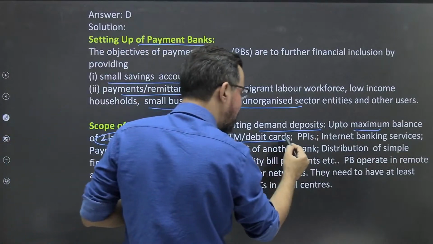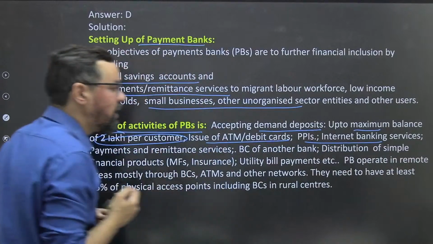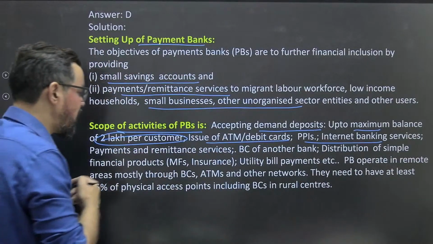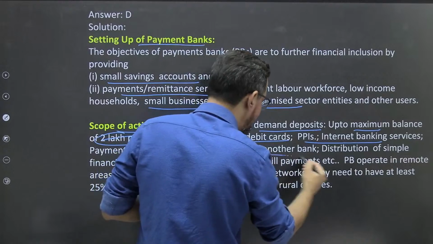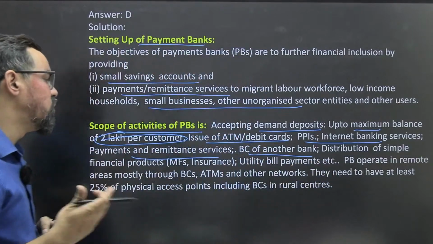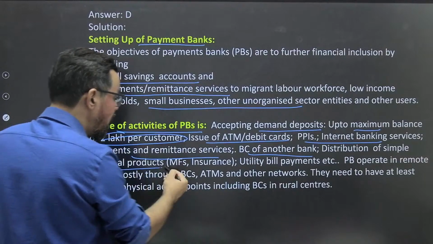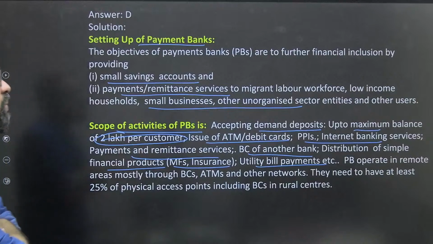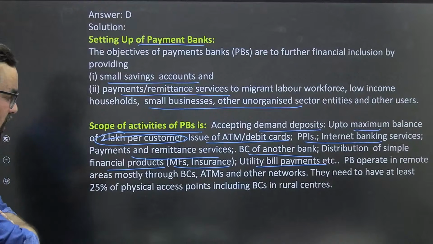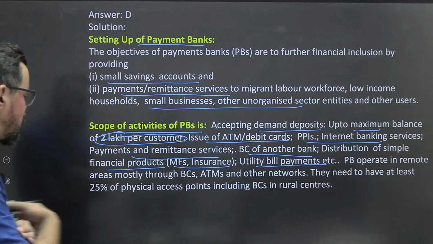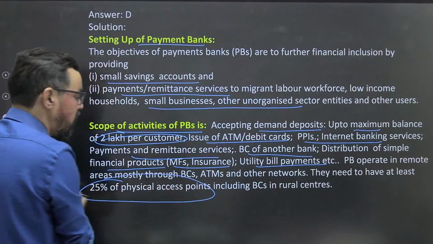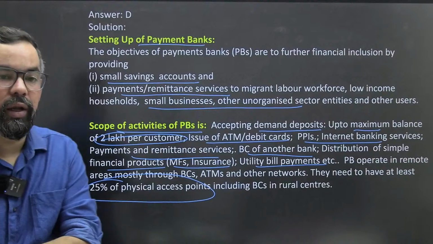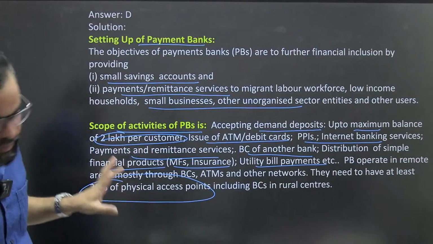Issue of ATM and debit cards, PPI, internet banking services, payment and remittance services, banking correspondent of another bank, distribution of simple financial products like mutual funds, insurance, utility bills payments, etc. Payment banks operate in remote areas mostly through banking correspondents, ATMs and other networks. They need to have at least 25% of physical access points, including banking correspondents, in the rural centers. Yes, absolutely right, Naina ma'am.